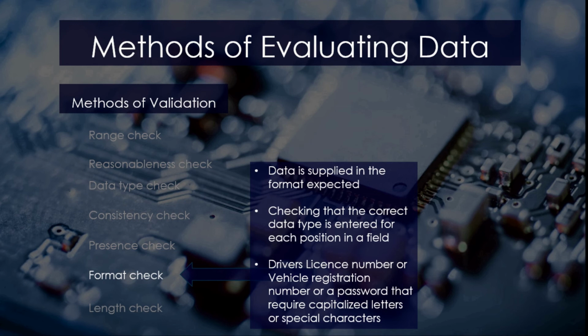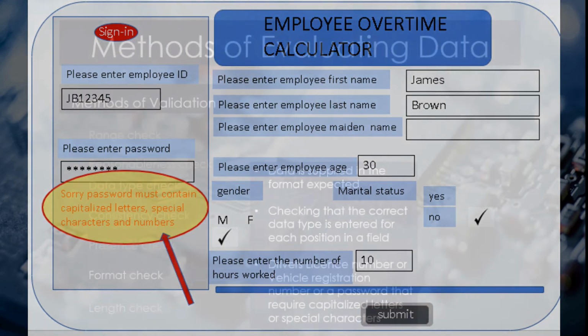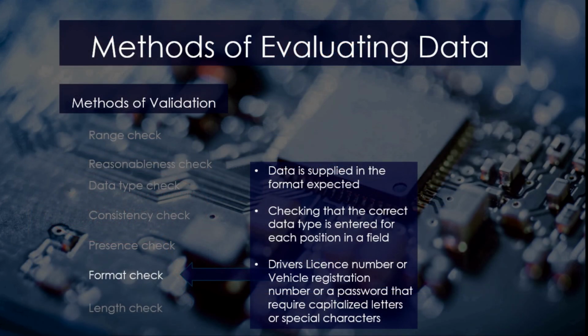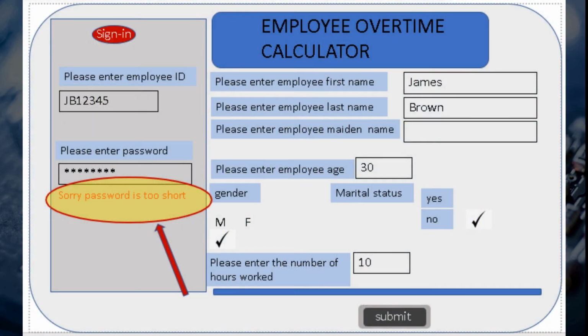For example, the driver's license number or vehicle registration number, or a password that requires capitalized letters or special characters. In the length check, data is checked to see if it is too long or too short. The system will count the number of characters entered and compare it with what is expected. For example, a password field would check to see if the password is too short or too long.